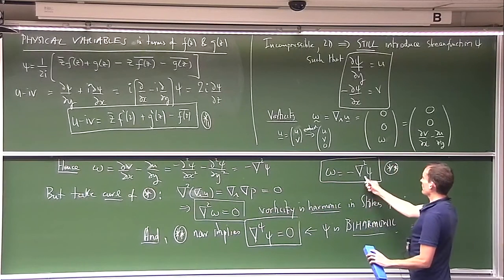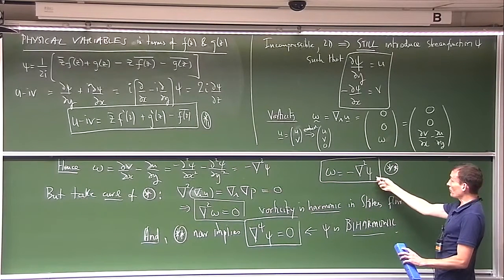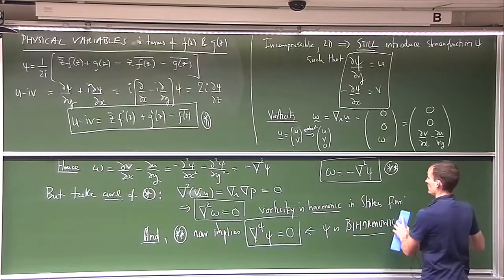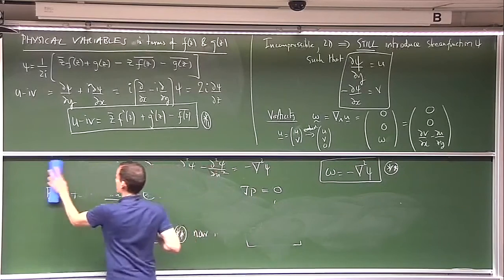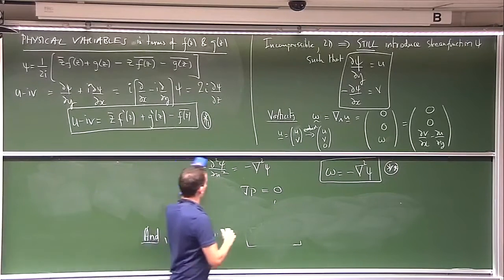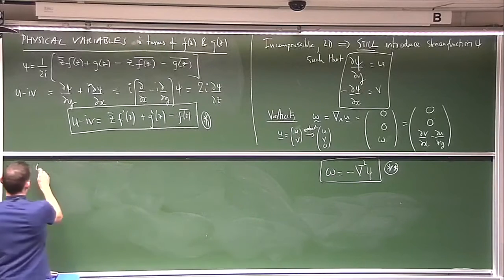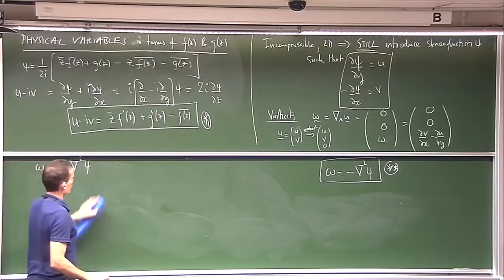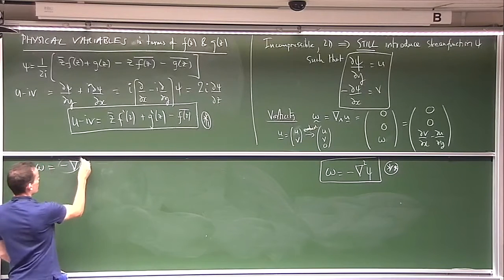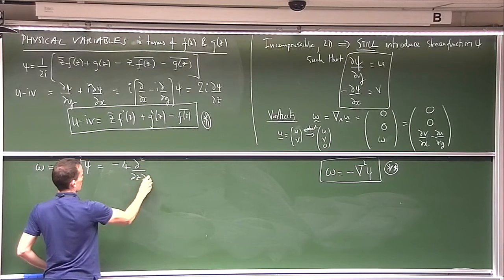You remember this? Let's get the vorticity. Let's get the vorticity in terms of f and g. Well, remember, this is minus 4 ∂²/∂z∂z bar.